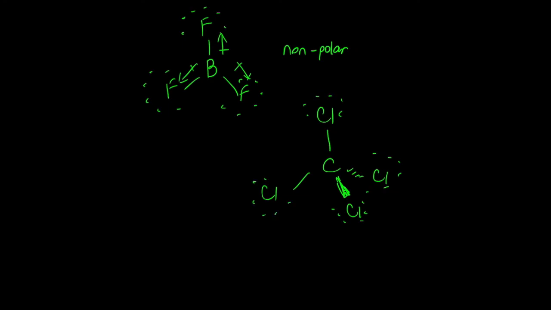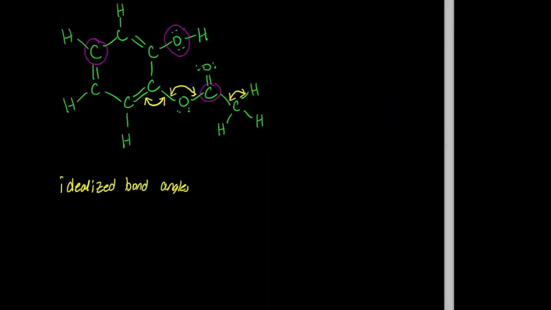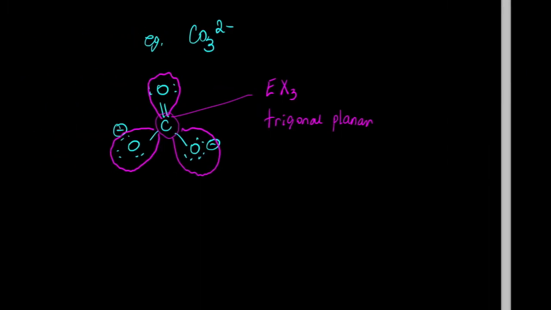That was quick, but I counted delta minus on the chlorines, delta plus on the carbon. So you'd have to imagine some astronauts going out into space and playing tug of war in a weird way in three-dimensional space. You have 4 bonds that are all pointing into the corners of a tetrahedron, and that's also non-polar. Okay, so let's go back to our table and just highlight this really quick because I think I might be running out of time.